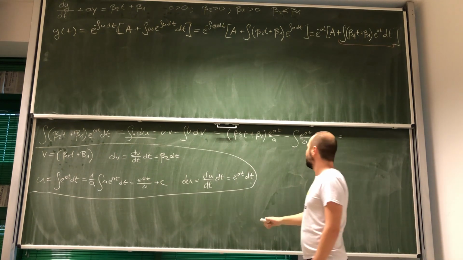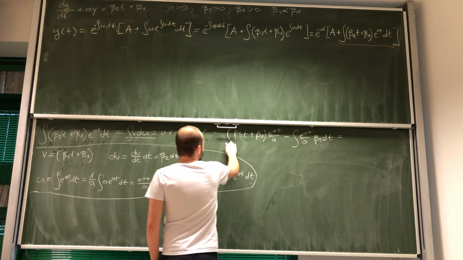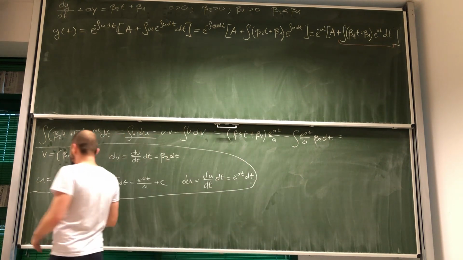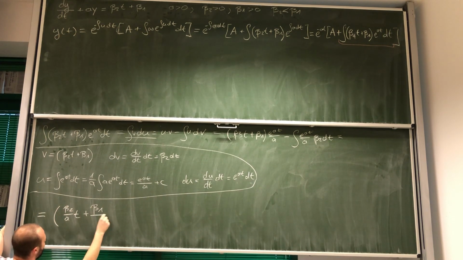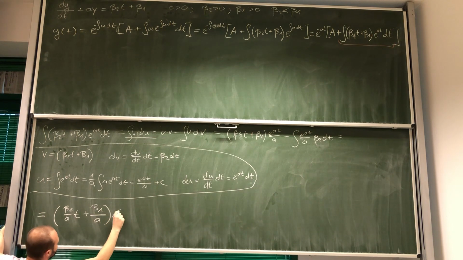Now we continue. So look, I can now rewrite this expression as beta 2 over a t plus beta 1 over a times e to the power at.